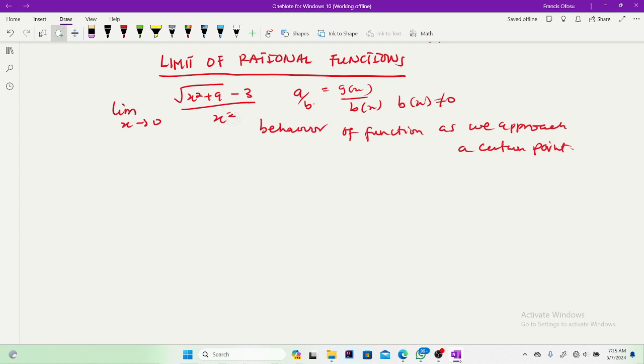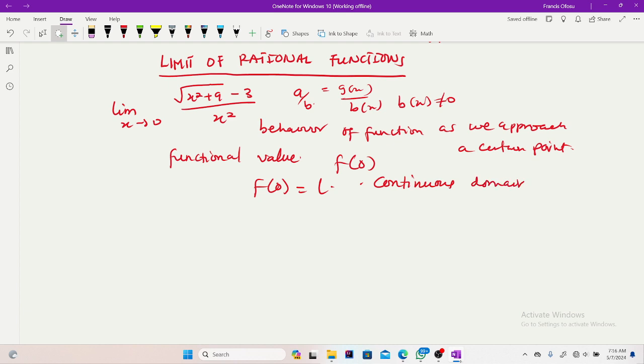For the limit of rational functions, you first have to test for your functional value. The functional value of a limit is simply f of 0, putting your limit point inside your function. A functional value may be equal to the limit, provided that our function is continuous over a domain.